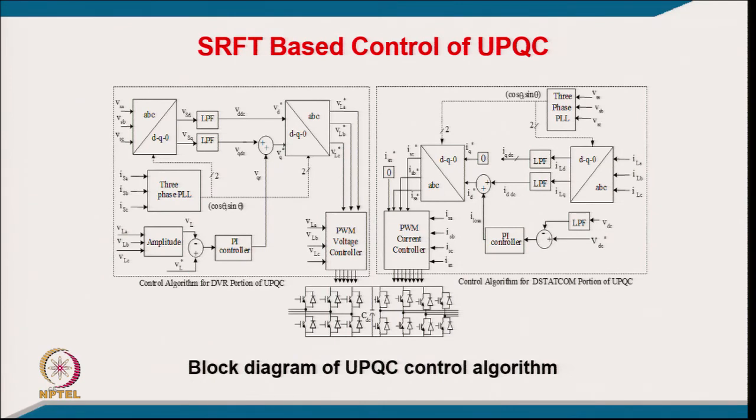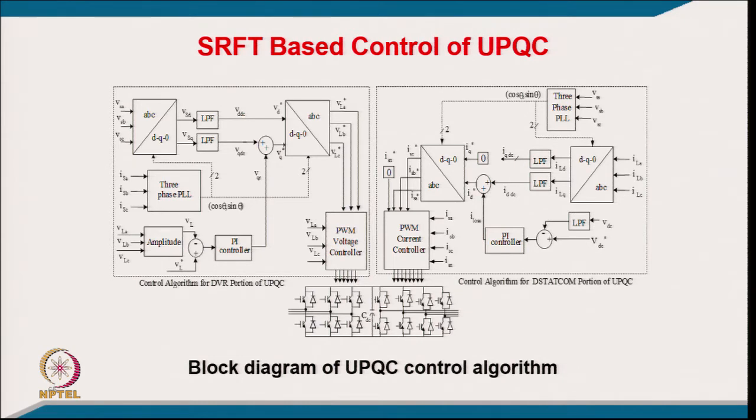Well, this is a typical control algorithm, using what you can call synchronous reference frame theory. Typically, this is the control of the DVR part. We are sensing the voltage and the current, from which we get cos theta and sin theta, and we use the synchronous reference frame theory. We may get ripple here even because of voltage unbalance, so we have to pass it through a low pass filter to get the DC component.